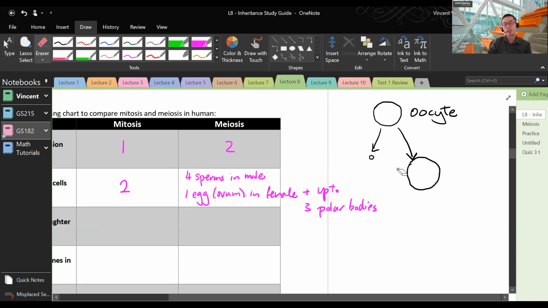You want it to be big, with lots of nutrients for the baby to grow. And then this is going to split again, with uneven cytoplasmic division. So you will end up having these smaller things called polar bodies. Sometimes these polar bodies will also divide and you get 2 polar bodies. So 1, 2, or 3 polar bodies, but then one mature ovum. That's going to be released into the fallopian tube.